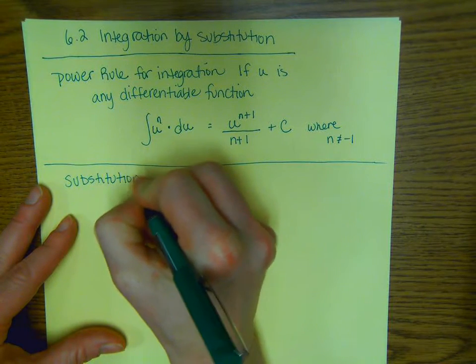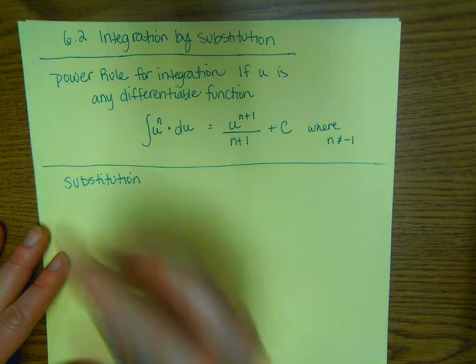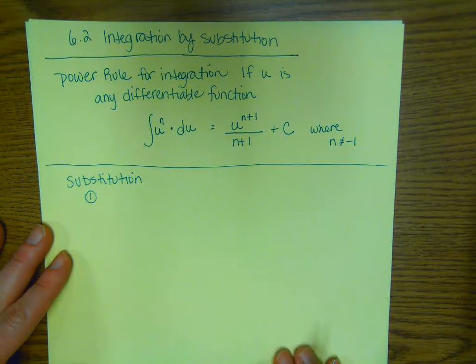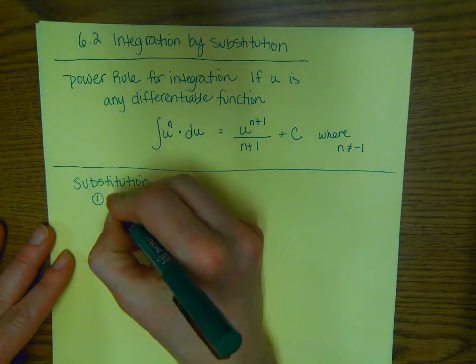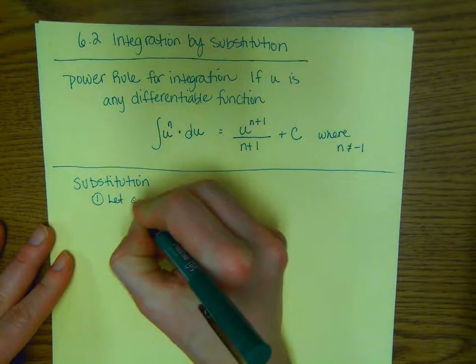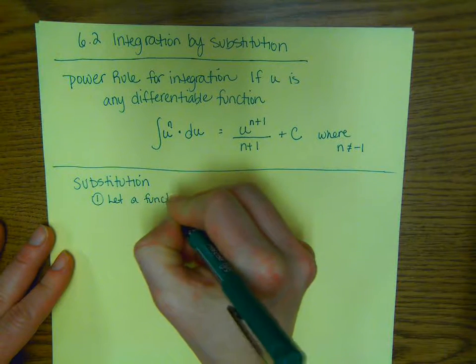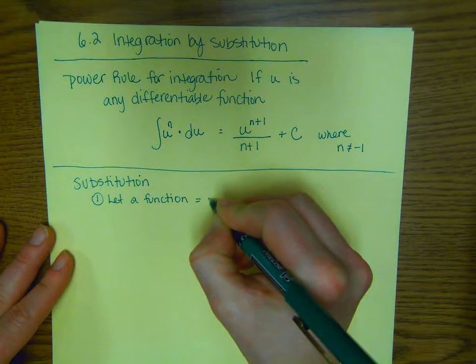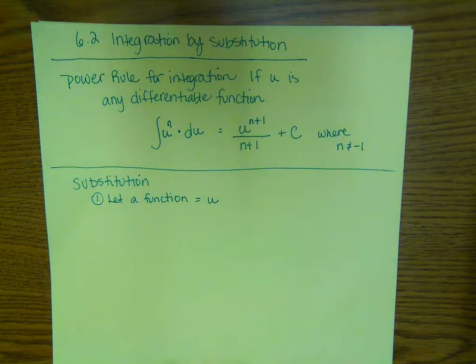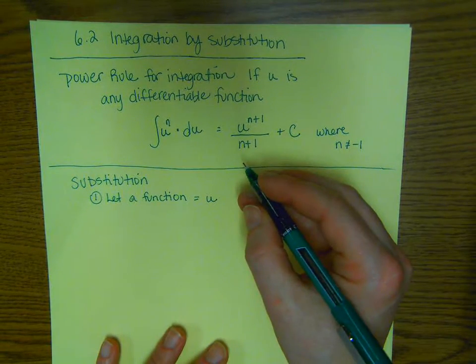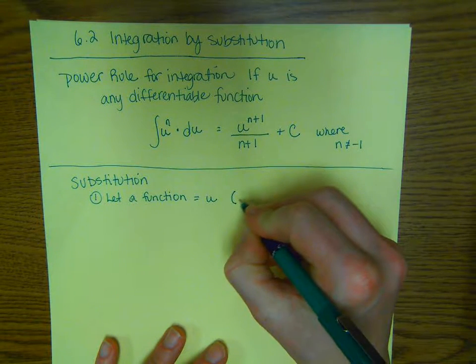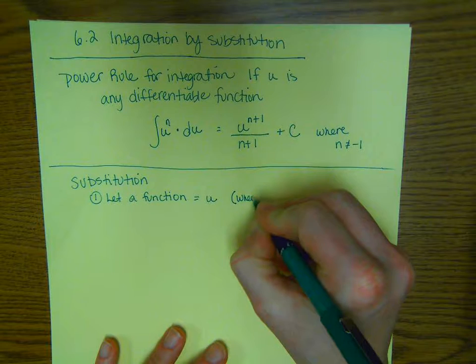Now, the tricky part is figuring out which function is u. But you're going to let a function equal u. And you want to try to pick the function where du is also in the problem.